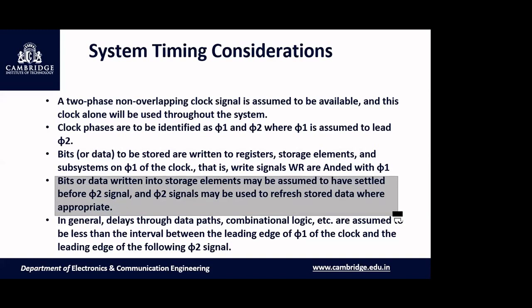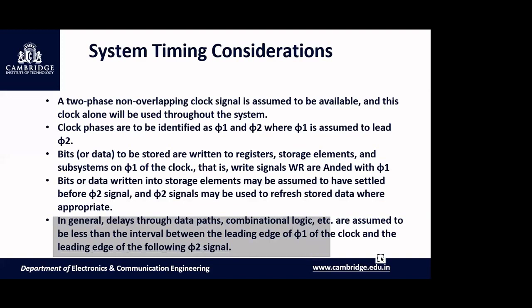In general, the delays through the data path or combinational logic, etc., are assumed to be less than the interval between the leading edges of phi 1 and phi 2. So whatever delay is there, that should be in between phi 1 and phi 2. Once the write operation or read operation is performed, then only we'll perform phi 2. In such a way, the phi 1 and phi 2 clocks will be used.